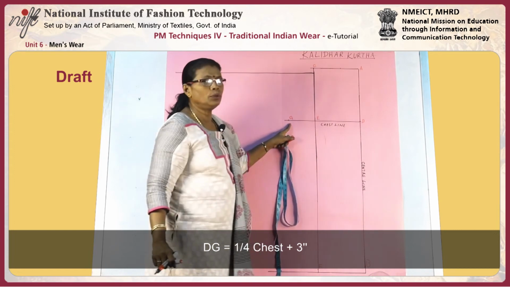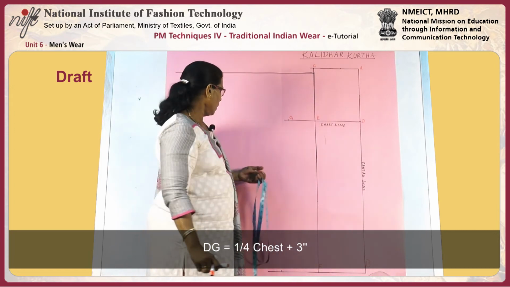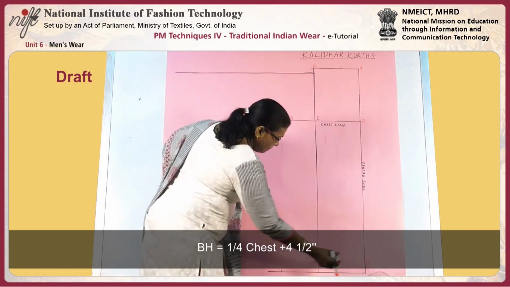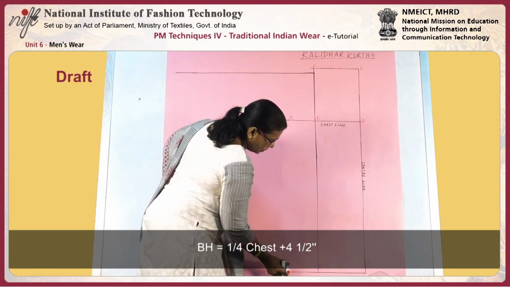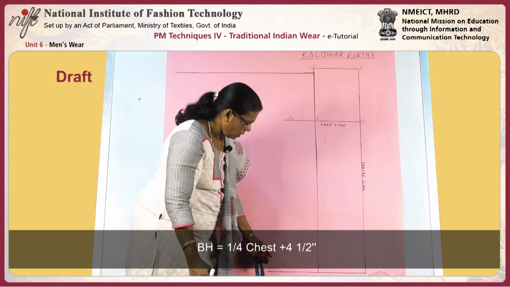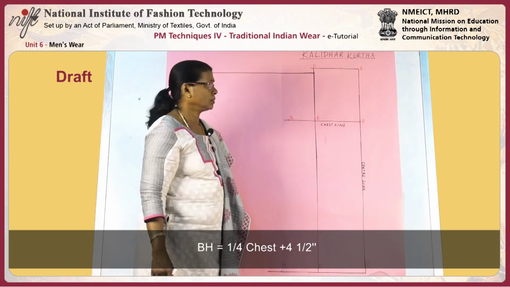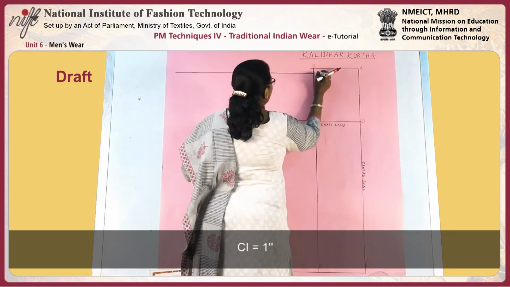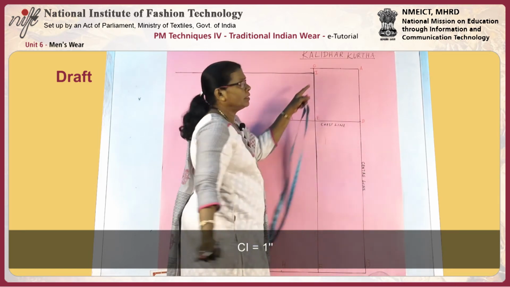DG is equal to chest by 4 plus 3 inches. BH is equal to chest by 4 plus 4.5 inch. CI is 1 inch.